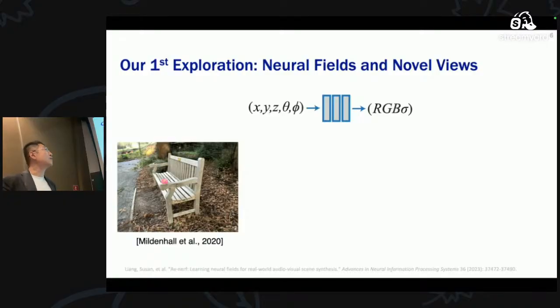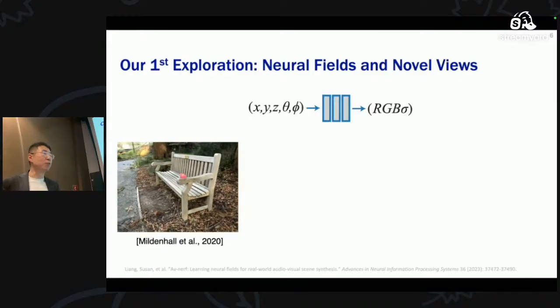You can send queries X, Y, Z, the 3D location, and theta and phi, the viewing angles, and this neural network outputs a color and the density. Everything is stored inside the neural network. In training, you train this multi-layer perceptron to remember the scene.